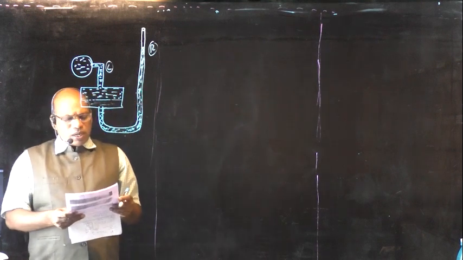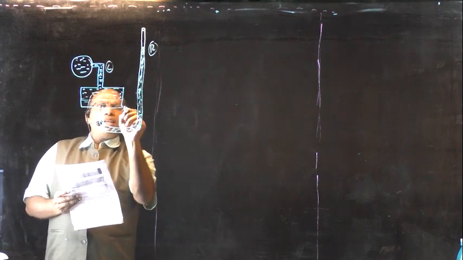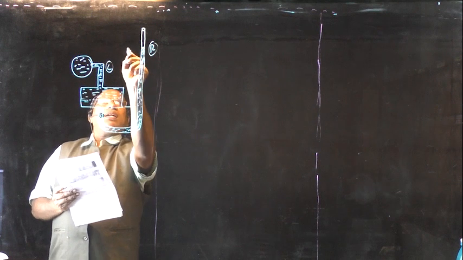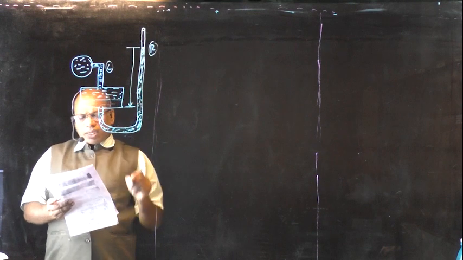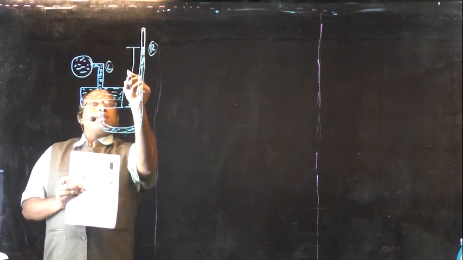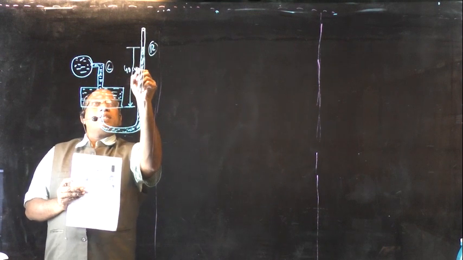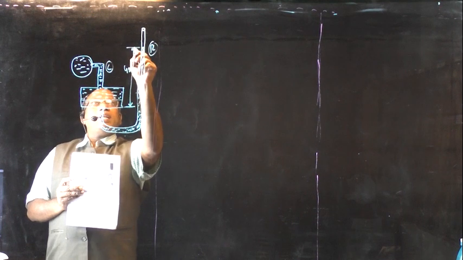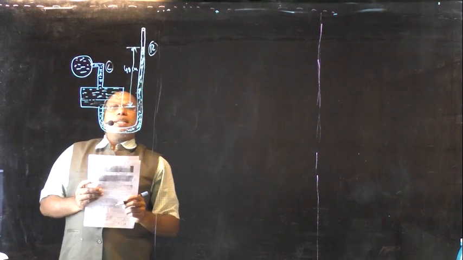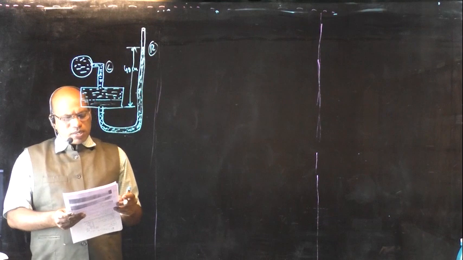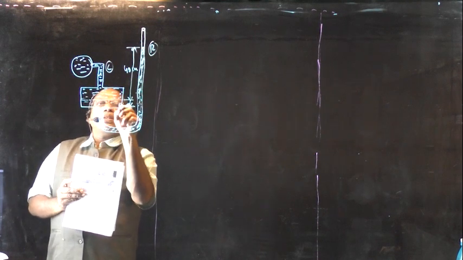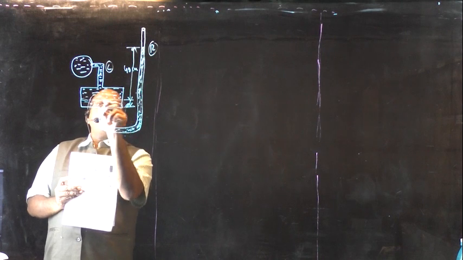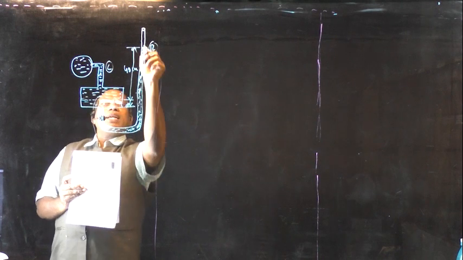Now, the level difference given is equal to 40 centimeters. This is the mercury level in the left limb, this is the mercury level in the right limb.